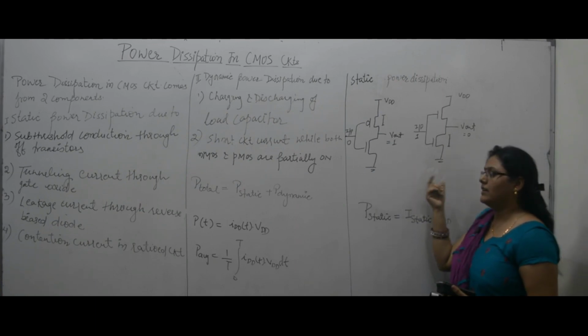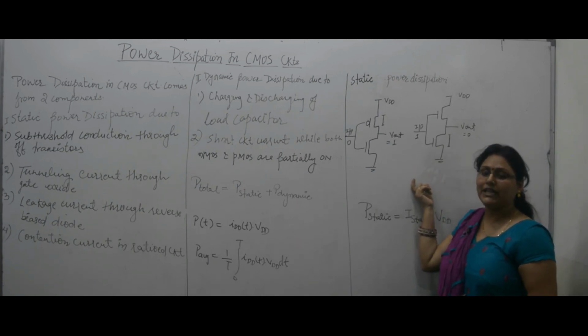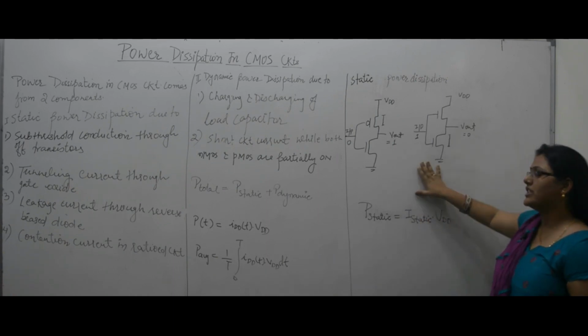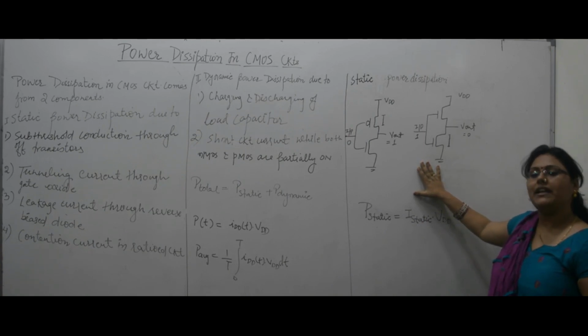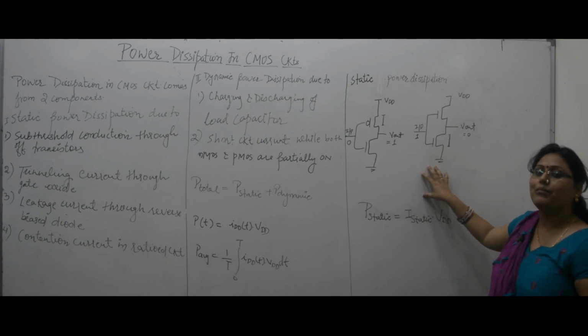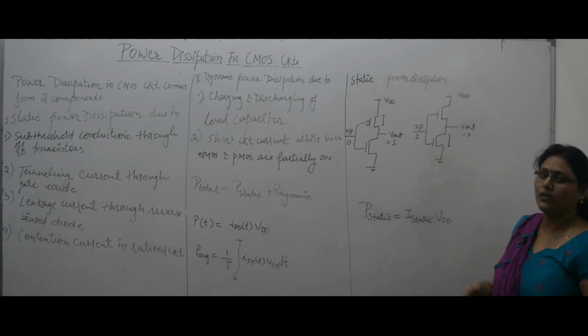When the device is on, it will decrease the threshold voltage and the mobility of the charge carriers, due to which the drain current is affected, and hence you may not achieve the desired performance of your circuitry.